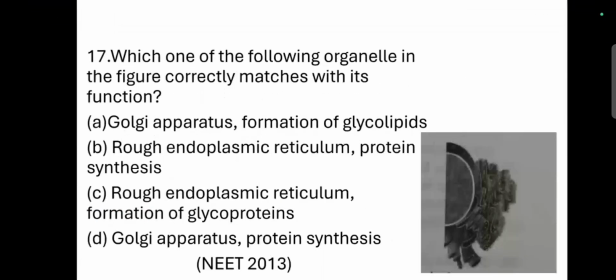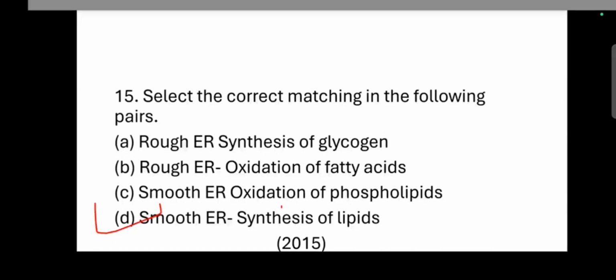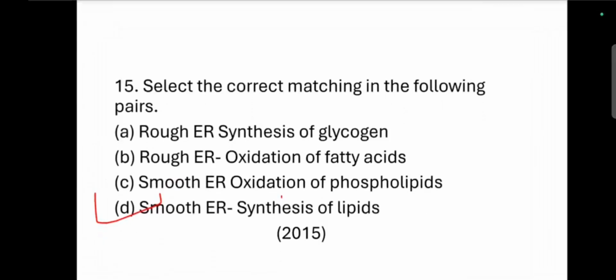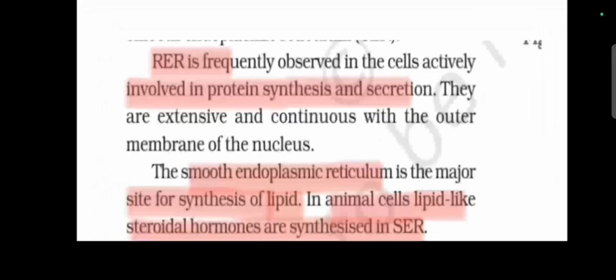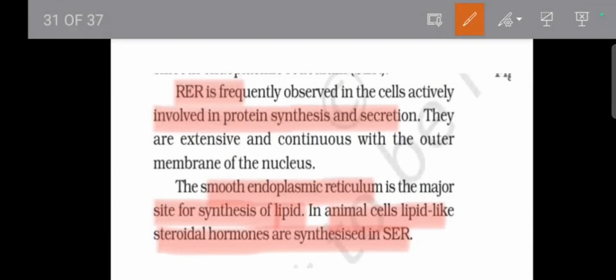Yes, these are present. The rough endoplasmic reticulum is frequently observed in cells active in protein synthesis and secretion. They are extensive and continuous with the outer membrane of the nucleus.